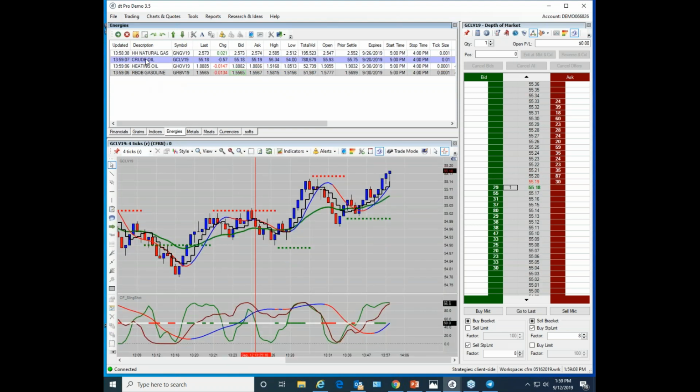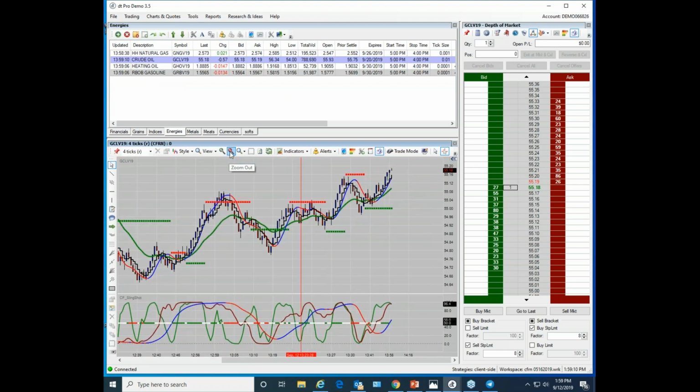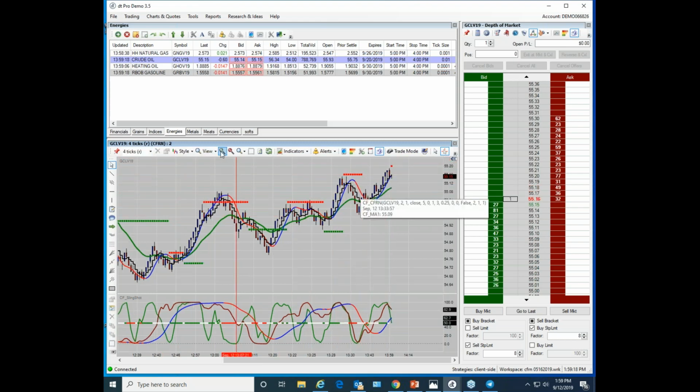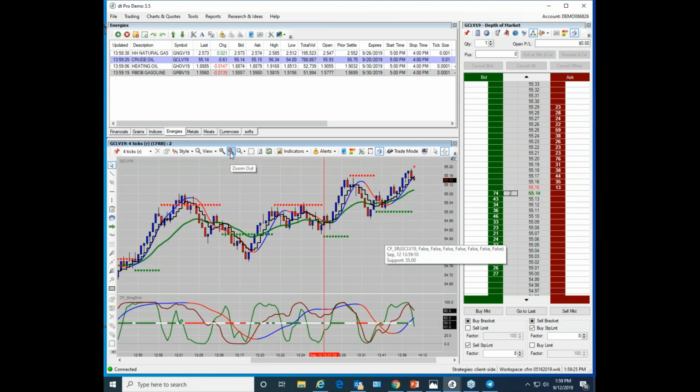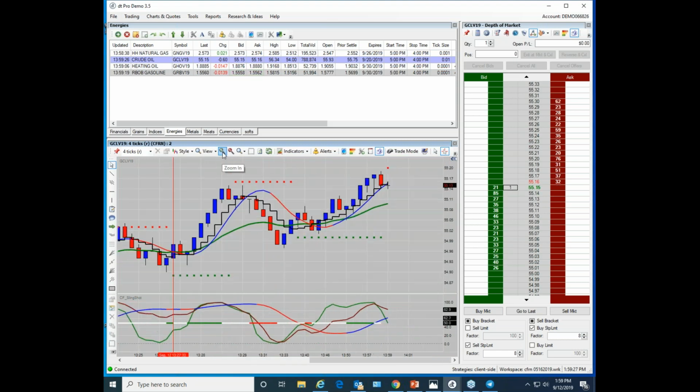Crude. Hey, crude is making some higher highs. So crude could be setting up to go up again. So I would put crude on your radar screen. Let's see what happens. We really didn't.